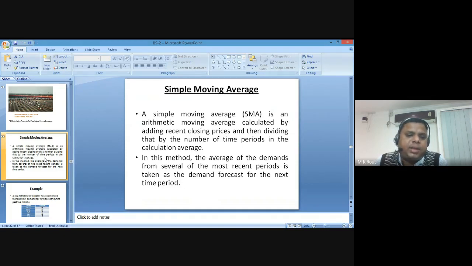I repeat, it is the arithmetic moving average calculated by adding recent closing prices and then dividing by the number of time periods in the calculation average. In this method, the average of demand from several of the most recent periods, in most cases the past or recent periods, is taken for calculating the demand forecast for the next time period. I will show a small case study.